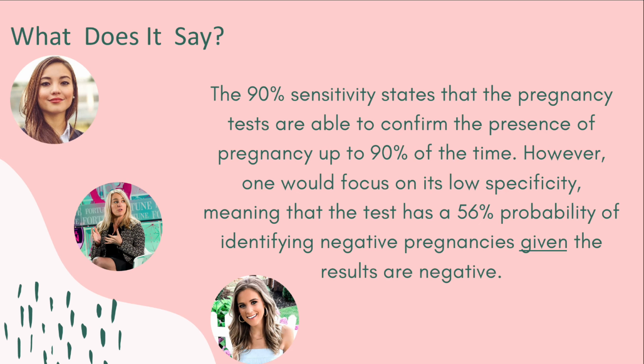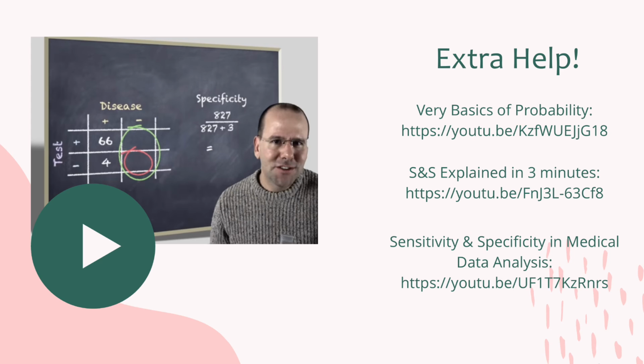I don't know about you, but I don't believe that this is the most reliable pregnancy test for women to take. This can be said because on average, a specificity lower than 80% is a grand indicator that a test is not very reliable. So there you have it.